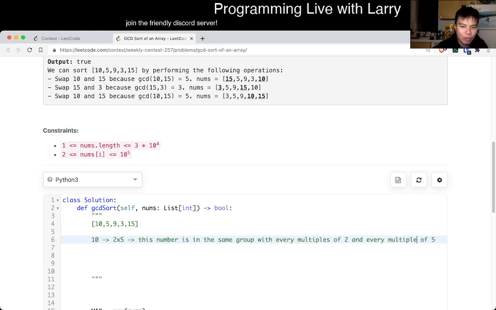So now, what does this also mean? This means that 10 now is a group between 2 and 5 because of what we said earlier with the A swap B equals B swap C and so forth.